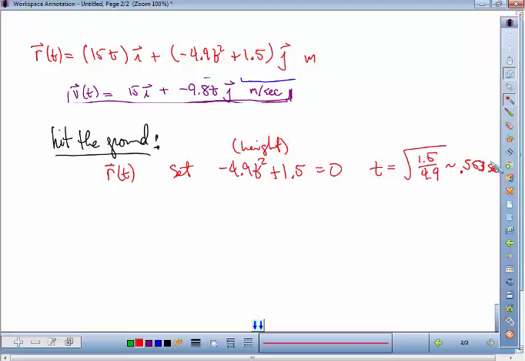What do we do with that? Plug it into the i component. So r of 0.553: if you plug it into the whole function, you know your j component is going to equal 0 because you just solved for that.